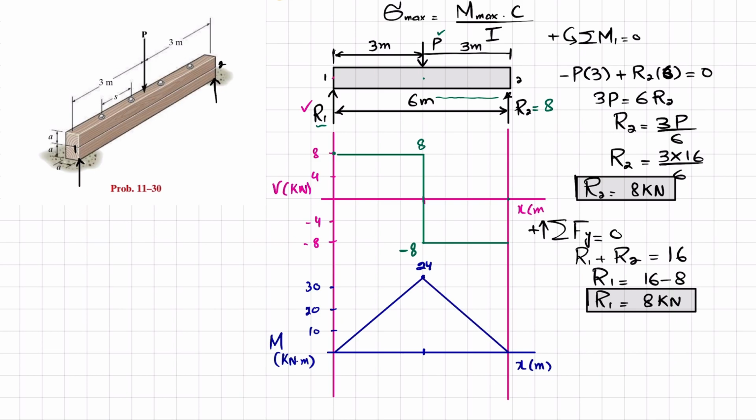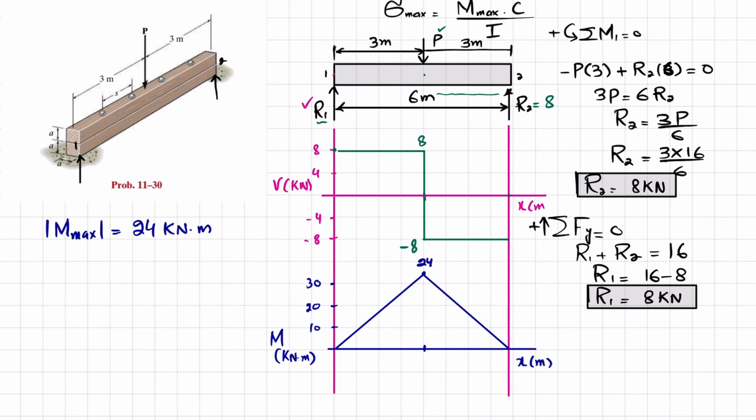Now this is the bending moment diagram. From this bending moment diagram you can see that the absolute maximum value of bending moment comes out to be 24 kilonewton meter. Also the cross section you can see over here, if I draw it like this, this is the cross section of this beam.